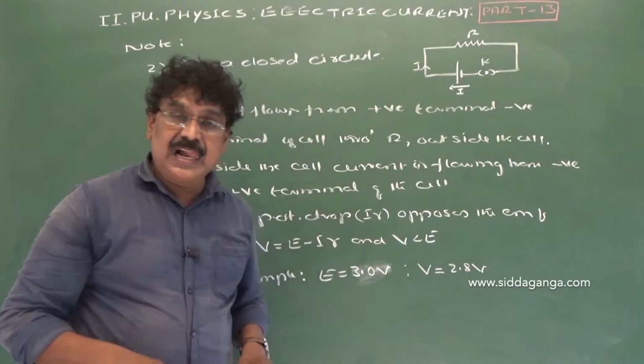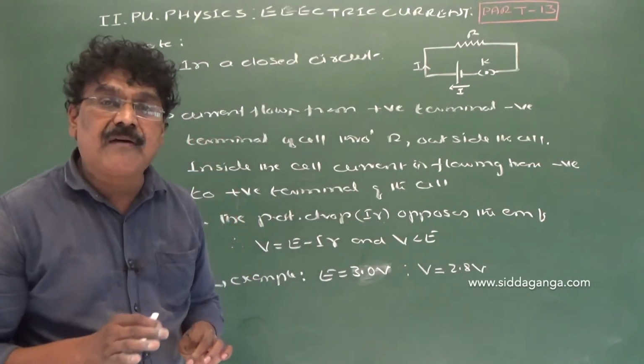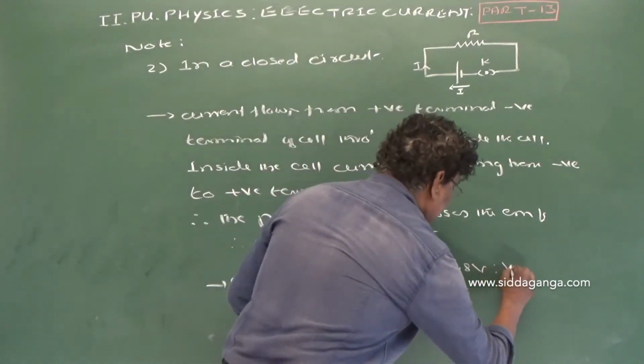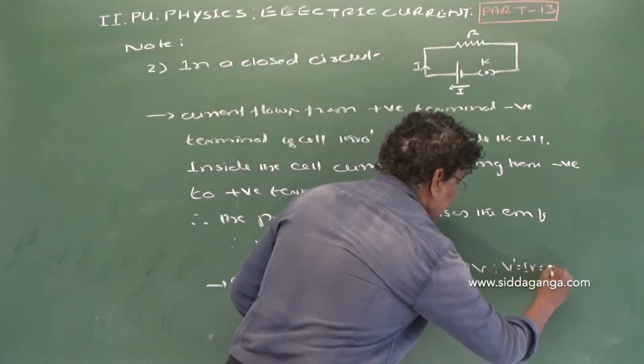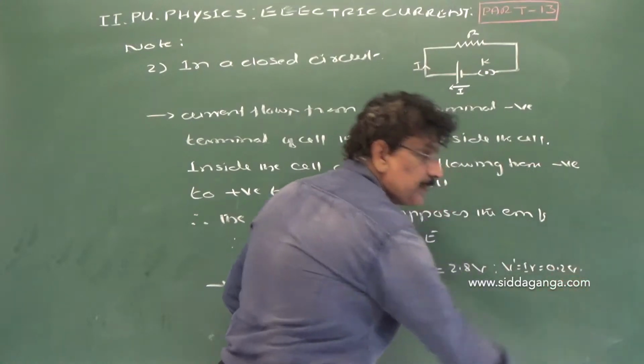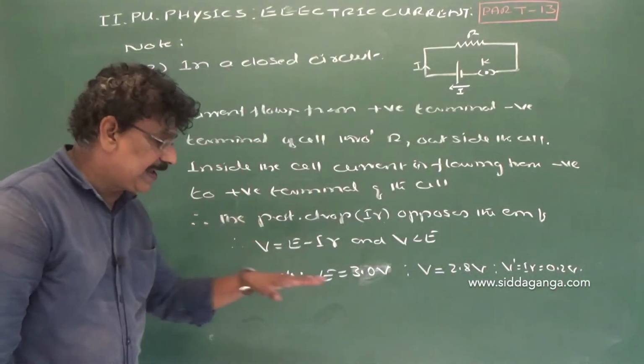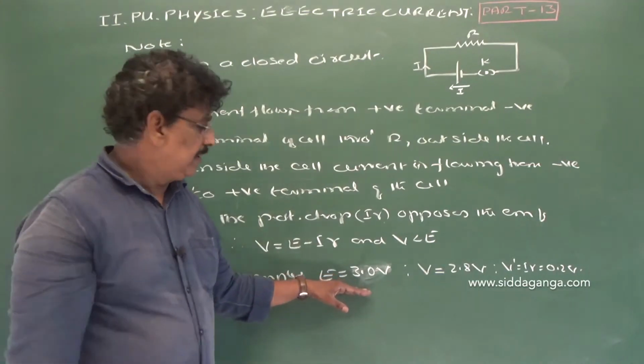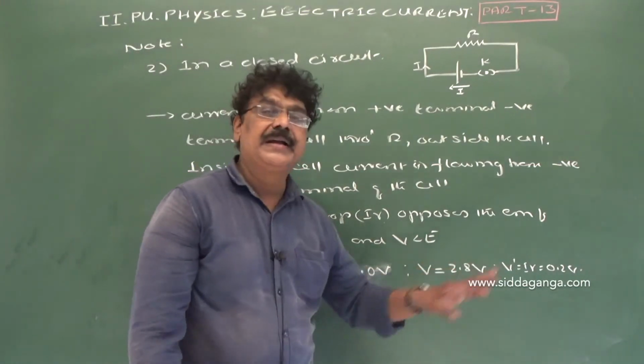It is because some part of potential is lost, and that appears as V dash equal to IR equal to 0.2 volt. Therefore, instead of getting 3 volt across the external resistance, that is the bulb, we are getting 2.8 volt.